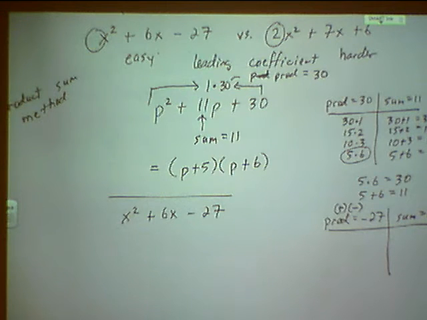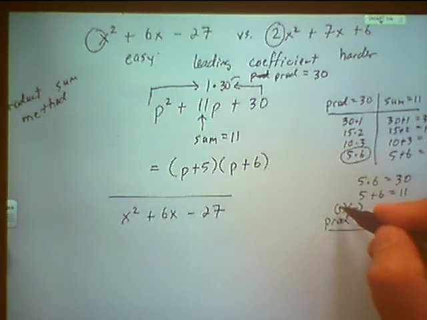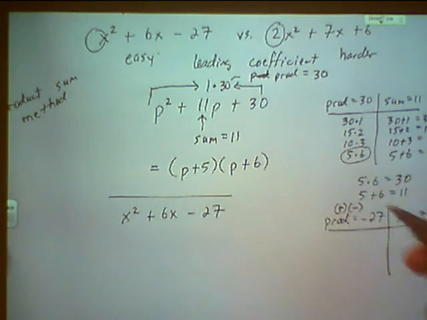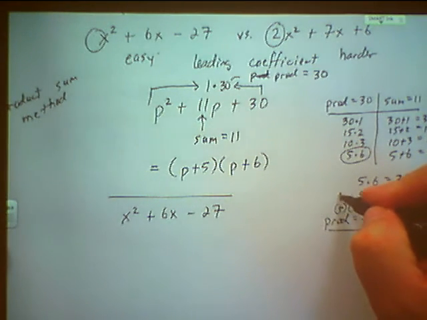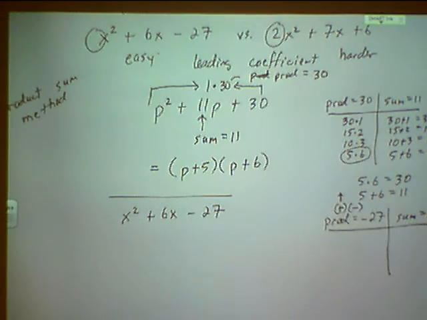And what's also interesting is if I look at the sum, my sum here is positive 6. You know what that means? That means these two numbers, the positive number is going to be the larger number. How do I know that? Because when I add them together, I want to come up with a positive 6. So the positive number has to be larger than the negative number.